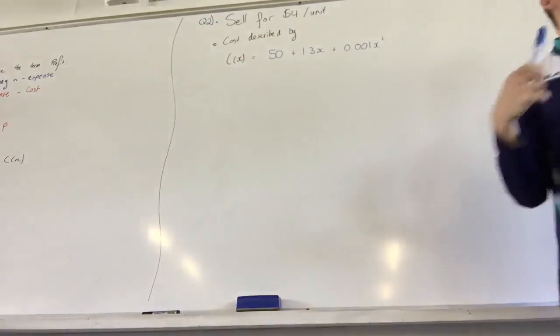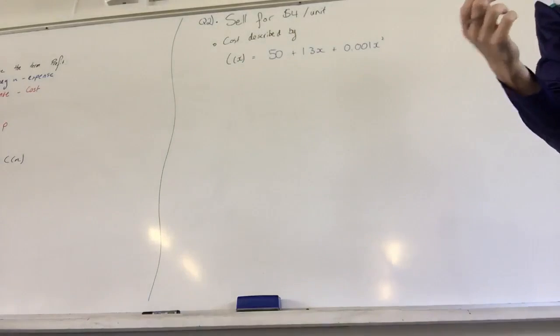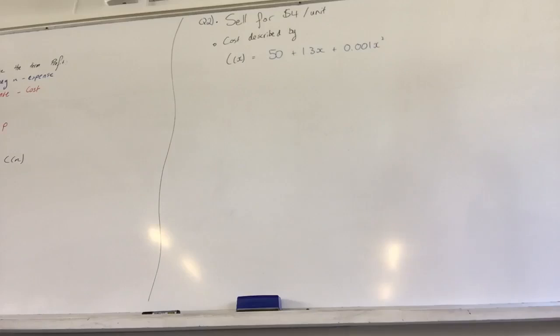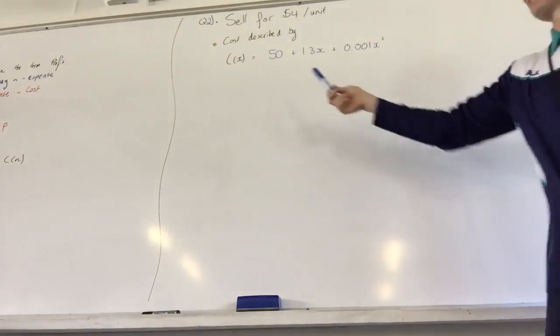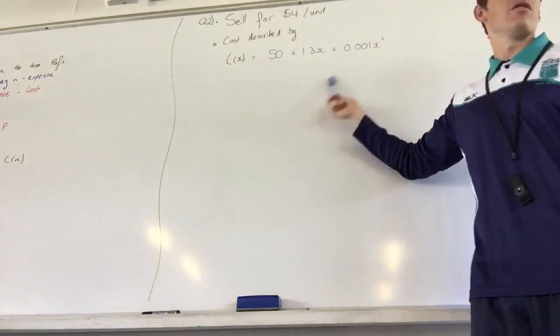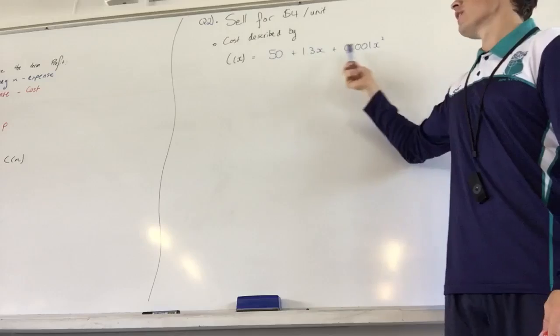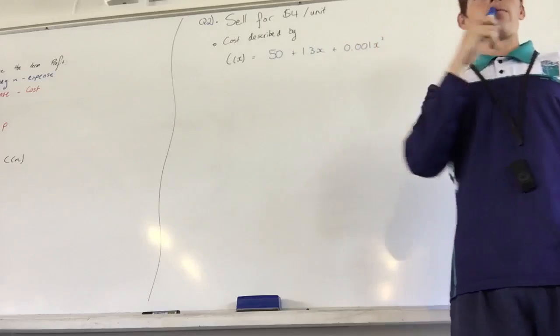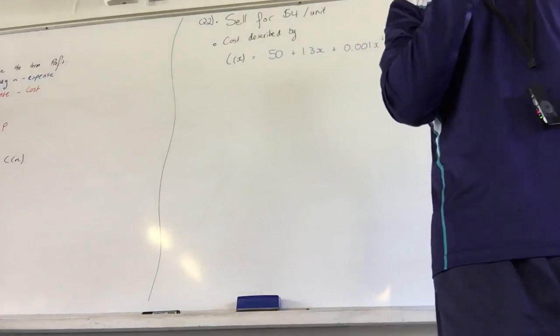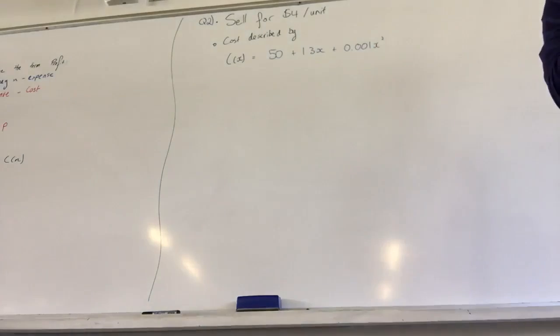So firstly, what does that function C(x) tell us? The cost of the item in terms of? What's that variable x talking about? The number of products, items, units. So what would our R(n) be?